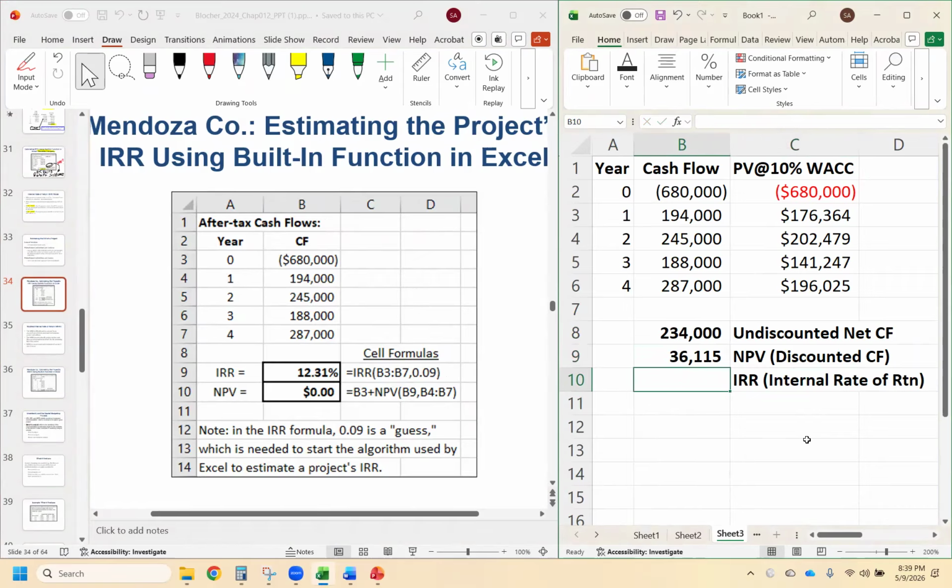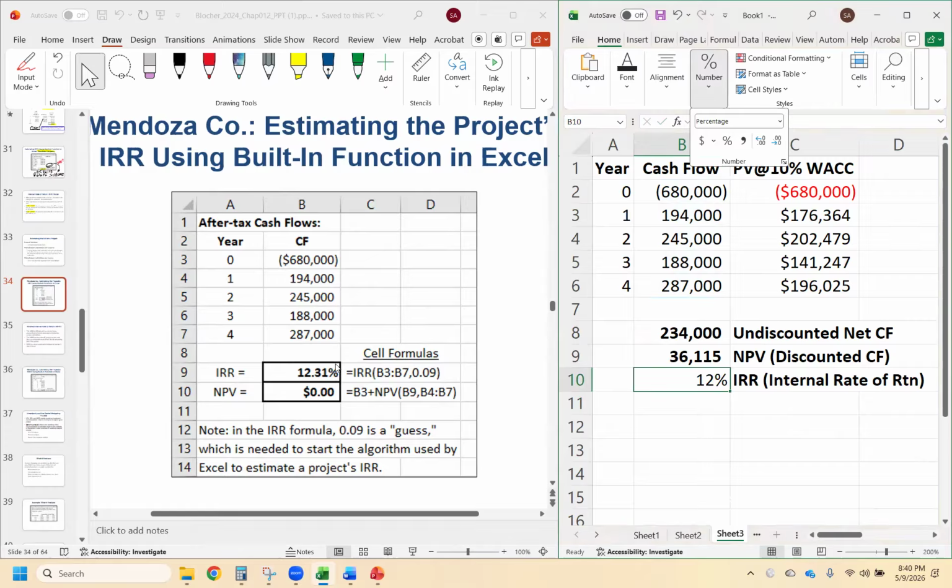So it's not 10%, it's higher than that. So equals IRR, and here's the values here. And we don't have to put in a guess, because that is in brackets. If you want to, you can. We can put in 10% as our guess and see what it says.